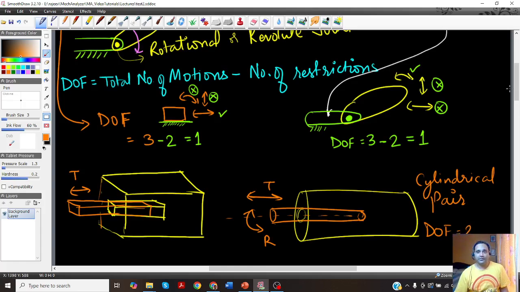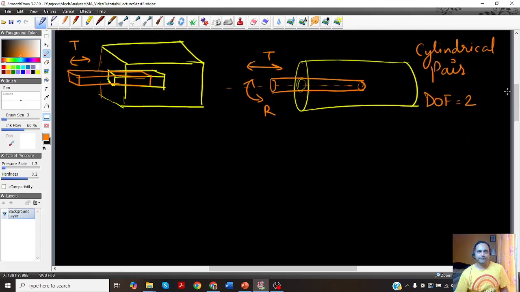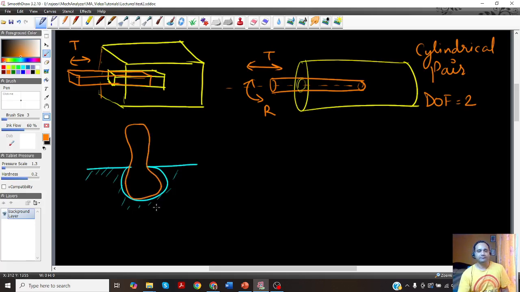Okay, now let's quickly do the other pairs because now I think you've got an idea what we are dealing with. Let us assume that there is a spherical cavity and within that I have put another hemispherical thing like this.